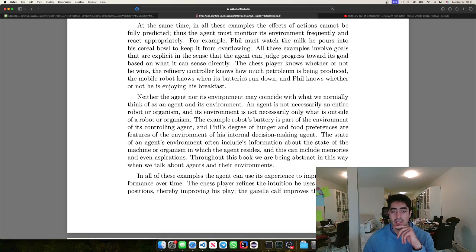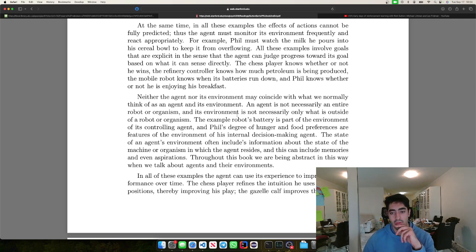Neither the agent nor its environment may coincide with what we normally think of as an agent and its environment. An agent is not necessarily an entire robot or organism, and its environment is not necessarily what is outside of a robot or organism.